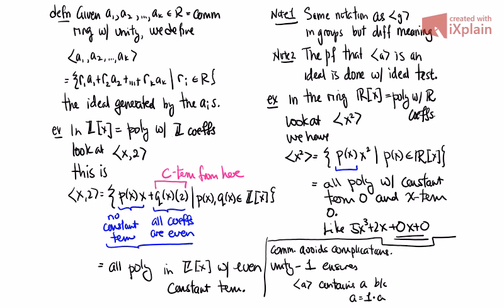Otherwise you might have a situation where the ideal generated by a doesn't have a in it, and that seems a little odd. So we demand that a unity be in it, so we get sensible behavior. So that's the end of part 1. That just introduces the concept of an ideal, generated by a single thing and generated by multiple things. And in part 2, we'll look at quotient rings and see what can happen there.